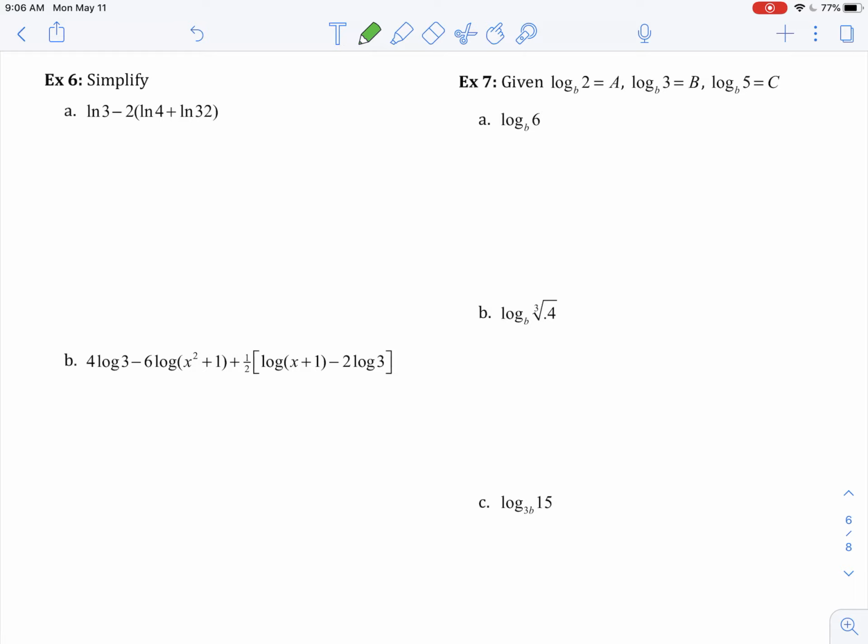Actually, I'm going to go back to 6A, guys. If we have addition of 2 logs, we know if we are adding exponents, that means multiplication was going on. So inside our parentheses, that would be the natural log of 4 times 32.